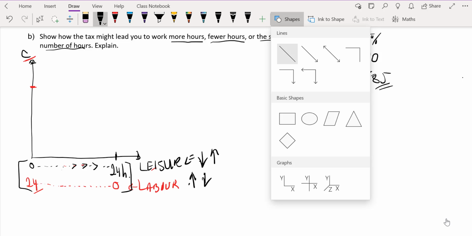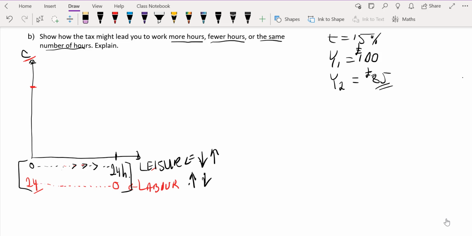And as you remember, the budget constraint under the first case will be this. So this is our original budget constraint. Drawing is very hard. Let's say that's the one.